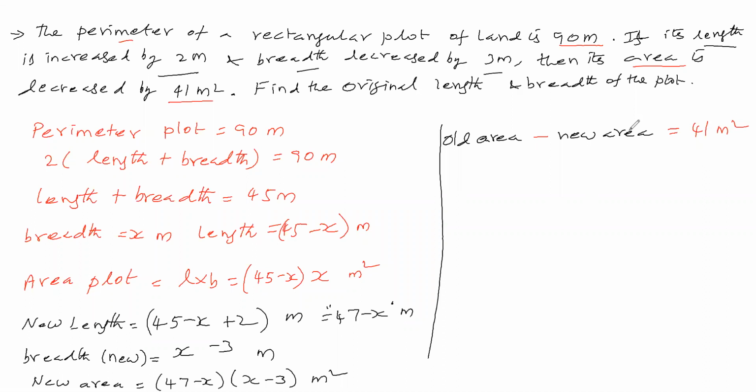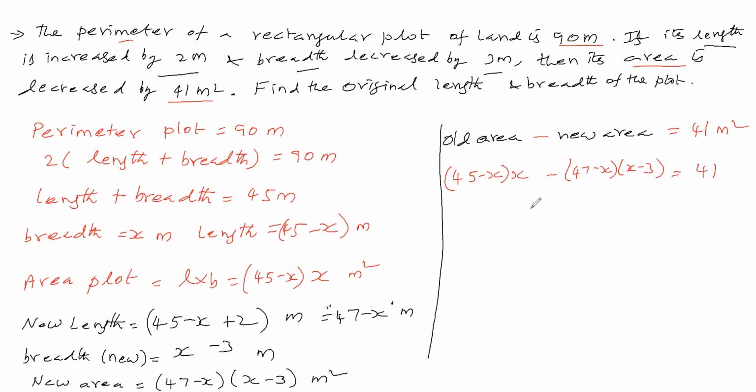Old area is (45 minus x) into x. New area is (47 minus x) into (x minus 3). Old area minus new area is equal to 41 meter square.